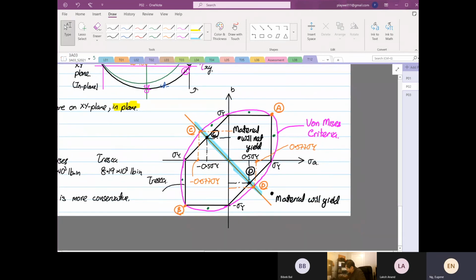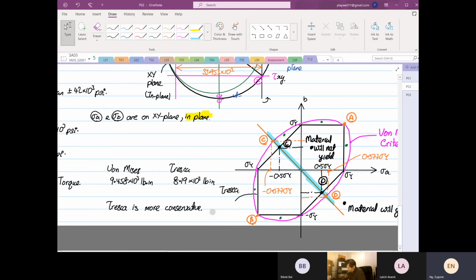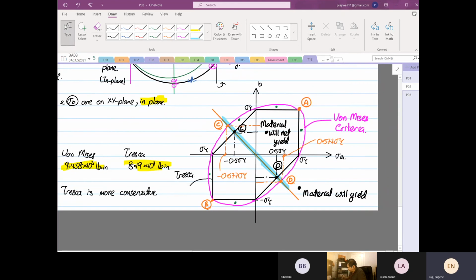So you can see that the pink is von Mises, the maximum distortion energy. The area is bigger than the black lines, which belong to Tresca. That's why the von Mises value is bigger than Tresca, for this graph that we've constructed.